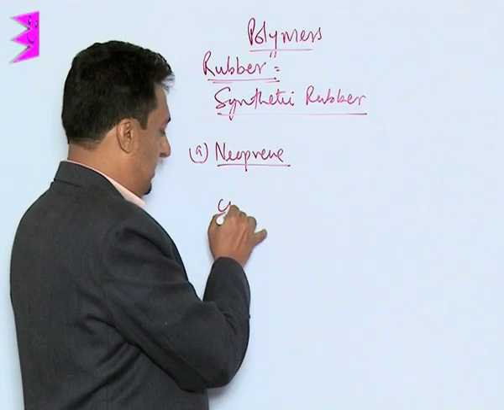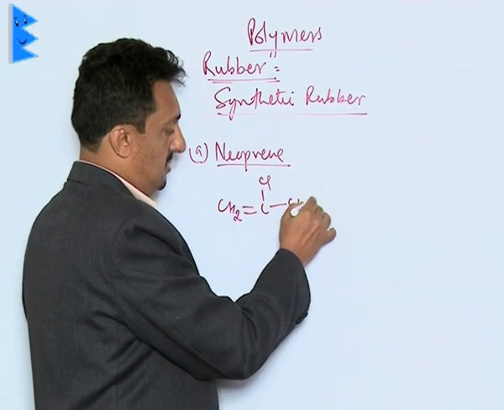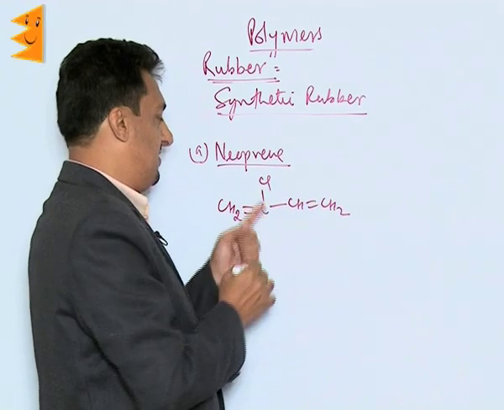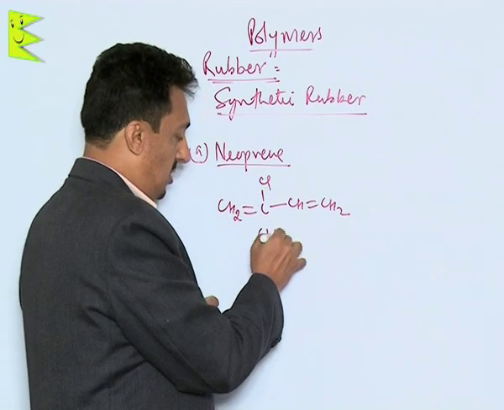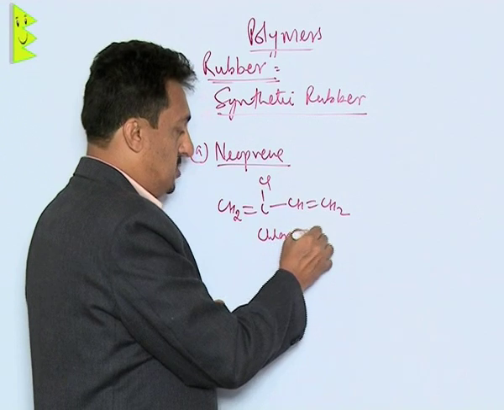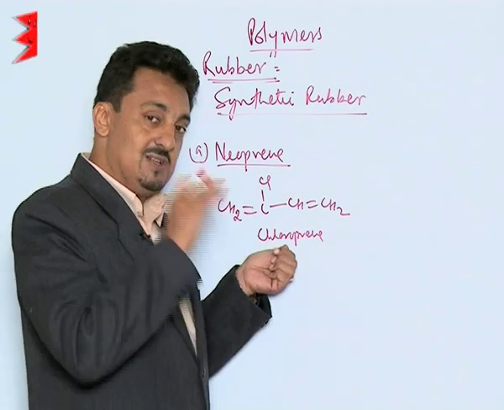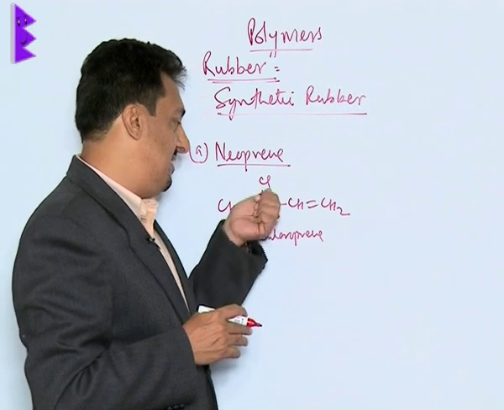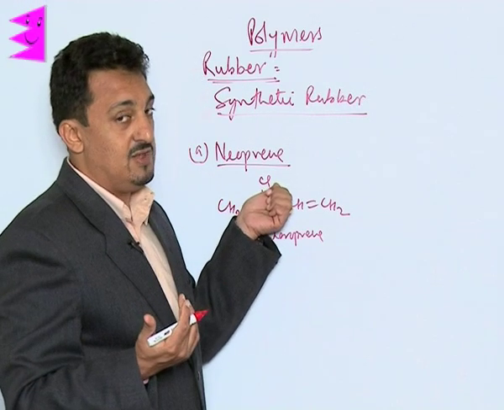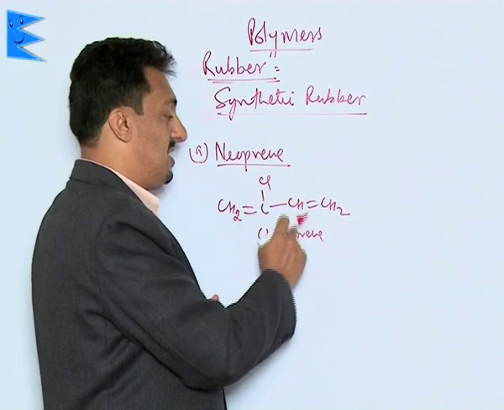Neoprene is very similar to natural rubber, but the only difference is that in place of this methyl, we have a chlorine here. So, the monomer is called chloroprene. You can clearly make out that chloroprene resembles isoprene, which is the monomer of the natural rubber. This is 2-chloro-buta-1,3-diene.